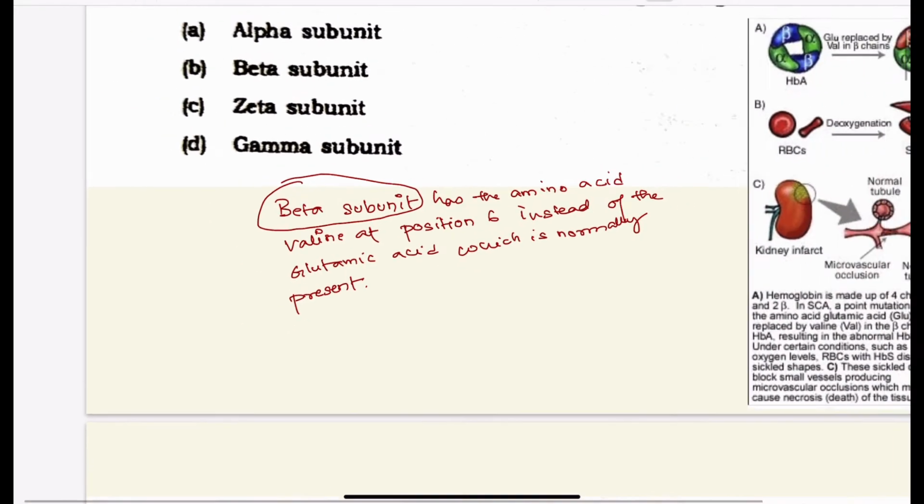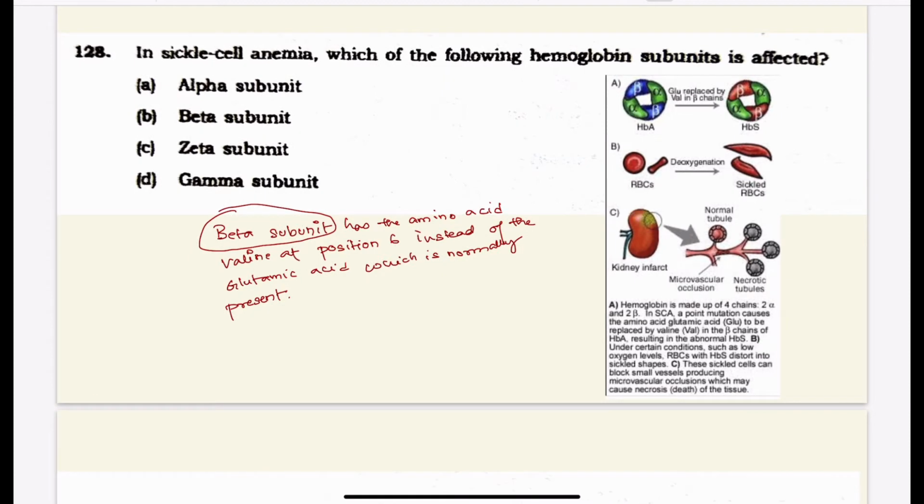That results in the HbS protein, which causes sickle-shaped RBCs due to deoxygenation. The question asks which subunit is affected. We know alpha and beta are present, but the beta subunit is affected, so the beta option will be the answer.